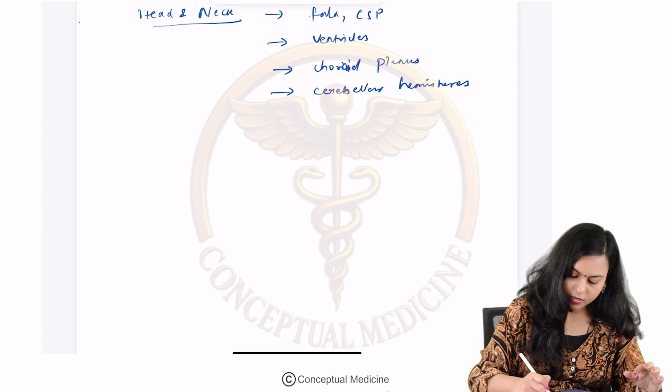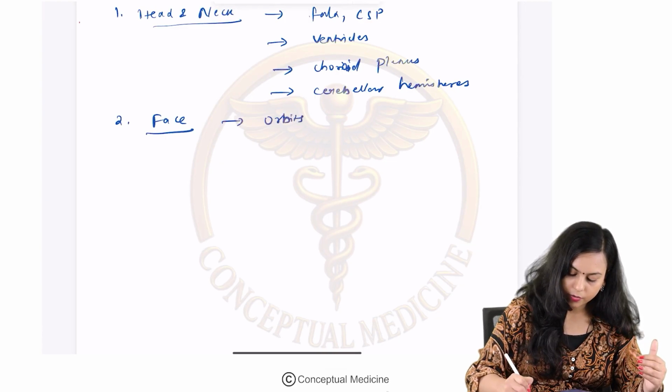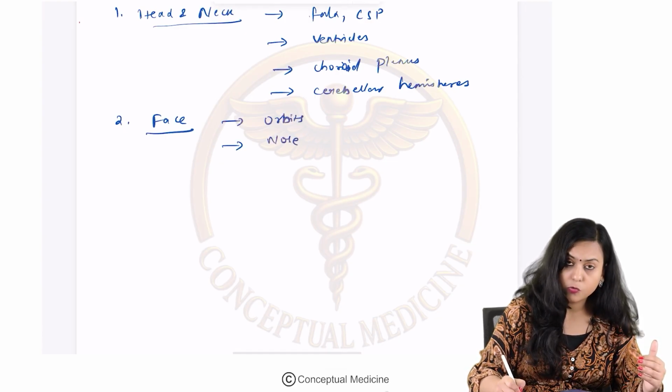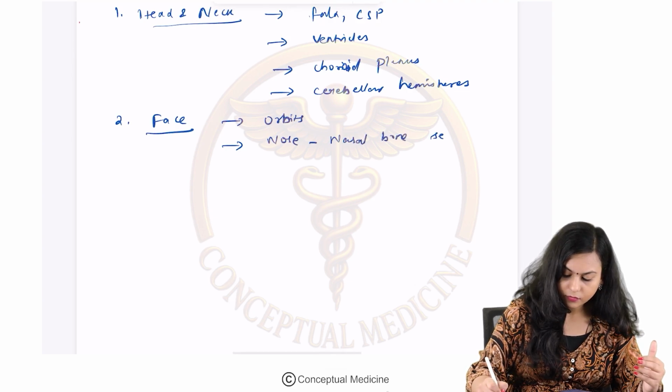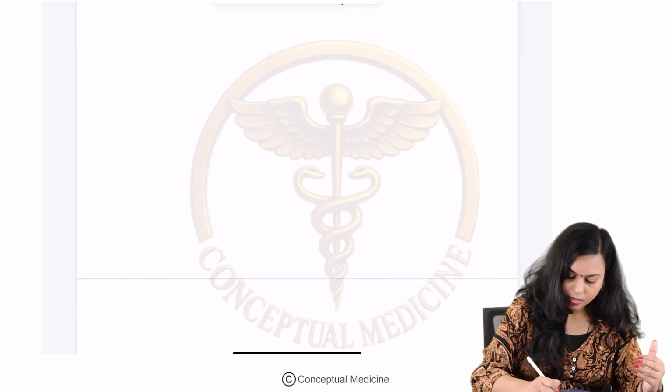Then you have to check on the face. Face means importantly the orbits. How is the nose? Is the nasal bone seen? Then you have to include the mouth with the lips.